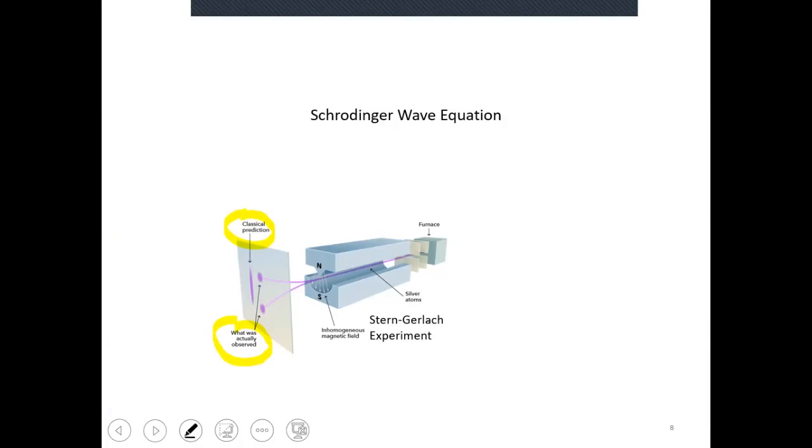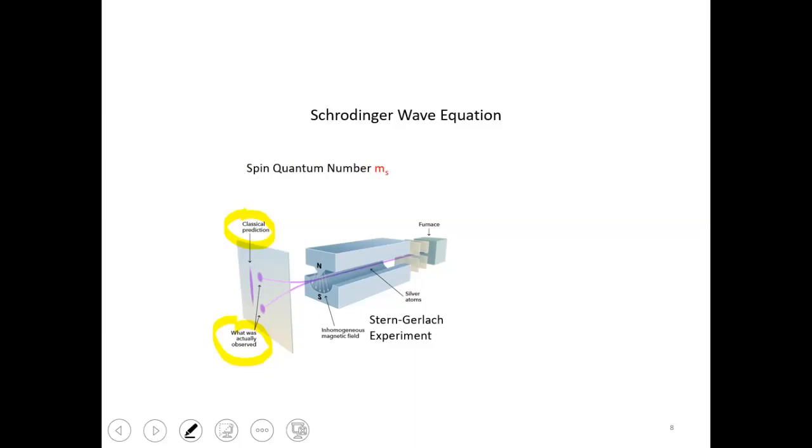It only had two values. And so they added a new quantum number called the spin quantum number, m sub s or ms. They added it to the wave function, and they assigned it values of +1/2 or -1/2.